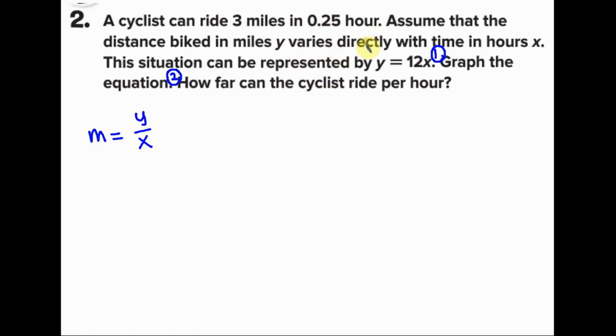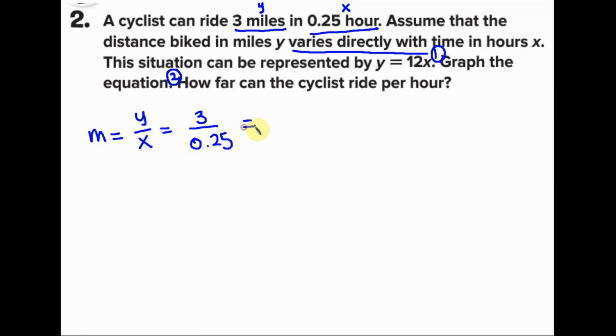The hint is right here where it says something varies directly with. They're saying the y is represented by the miles. So that's how I can tell this 3 miles will be representing y, and the time in hours, that's representing the x. So the corresponding number, 0.25 hours, will be your x value. If I put it in here, the y becomes 3 and your x value becomes 0.25.